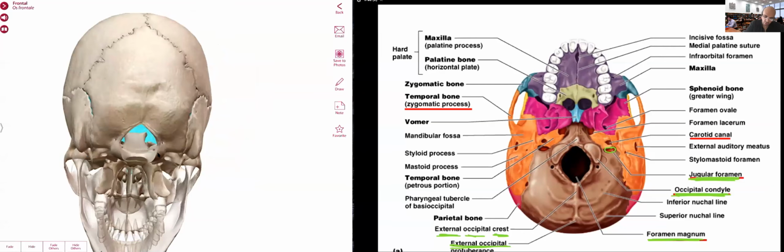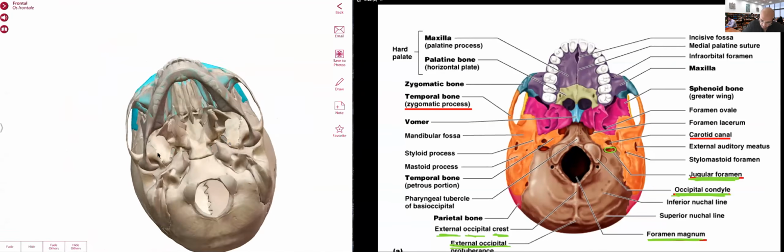In the occipital bone, we've seen the external occipital protuberance, external occipital crest, and occipital condyles, as well as this large hole at the base of the skull that connects the brain to the spinal cord. This is my foramen magnum.